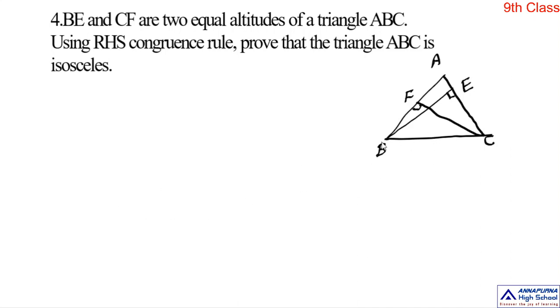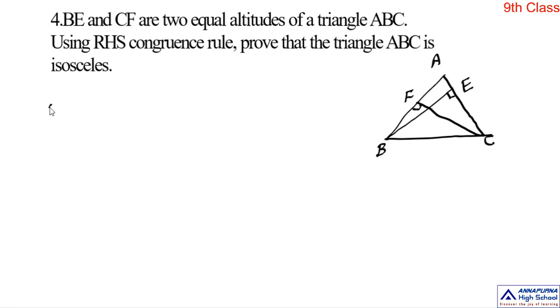The line passing through a vertex and perpendicular to its opposite side is called an altitude. BE is one altitude and CF is the other altitude. In this problem these two altitudes are equal. BE is equal to CF. This is the given condition.